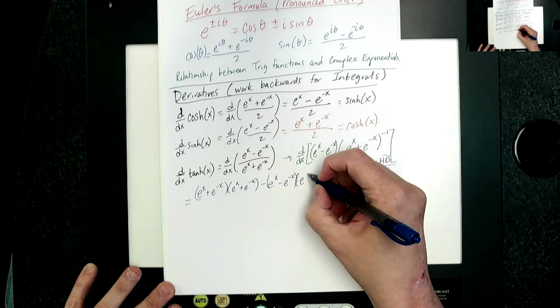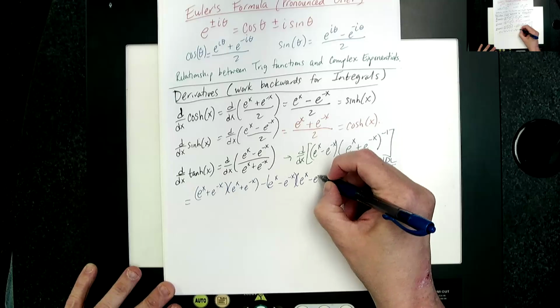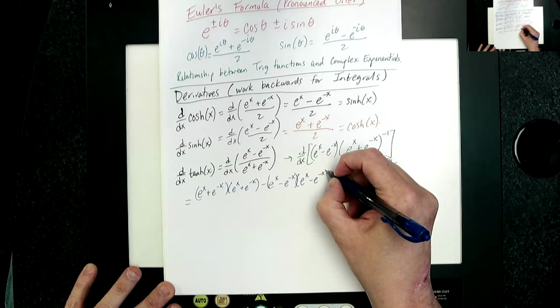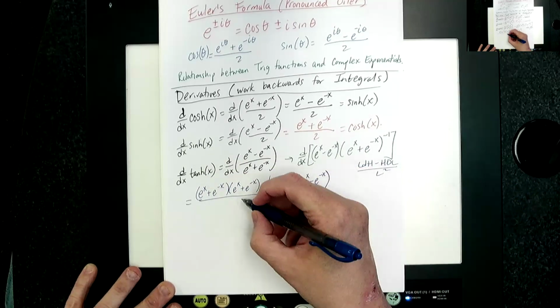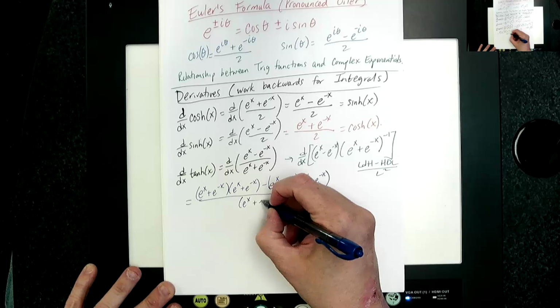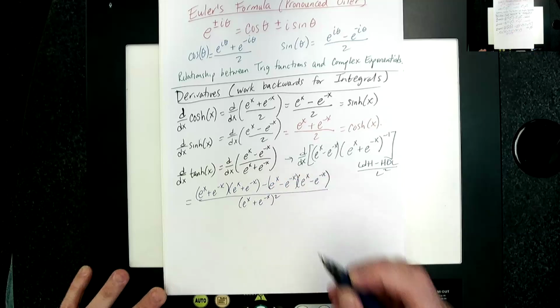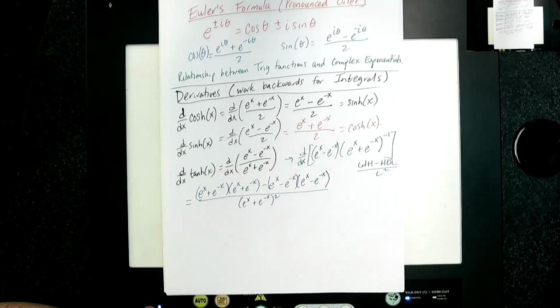That's convenient. All over low squared. Now, if you want to do this the hard way, you could try to multiply this out and figure it out from there.